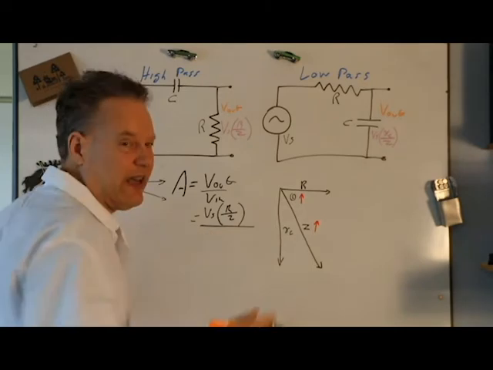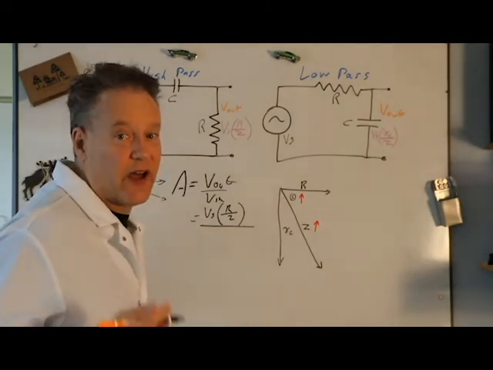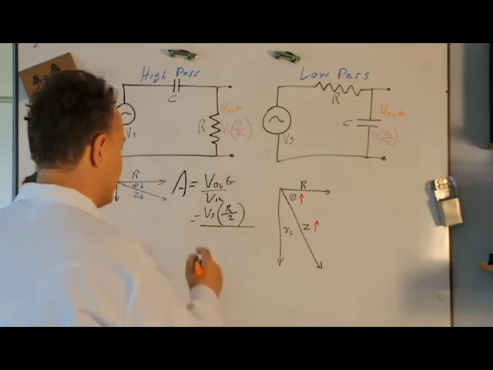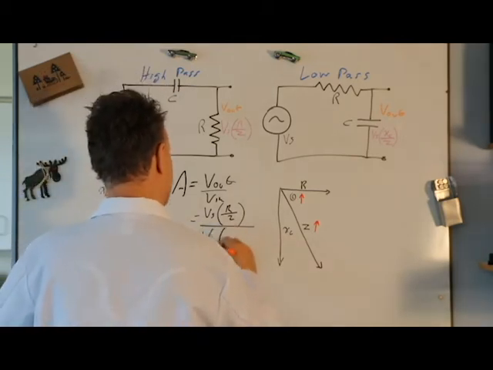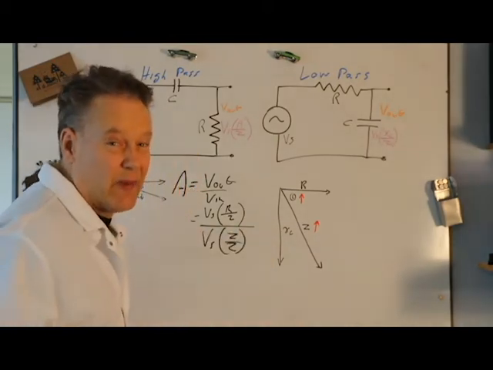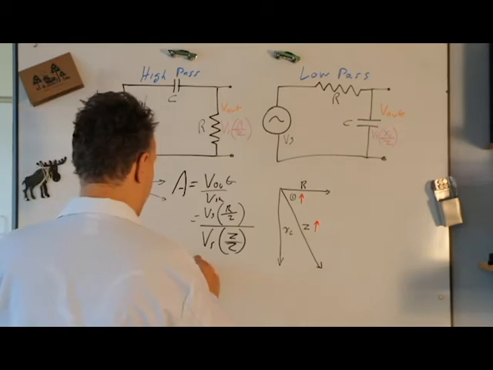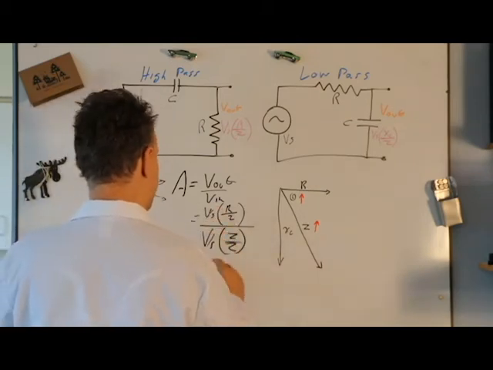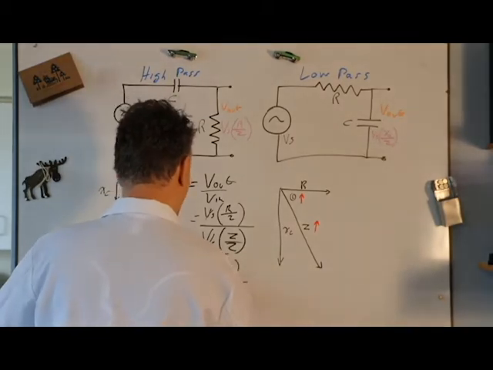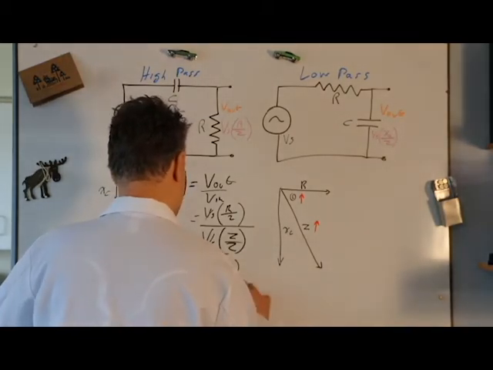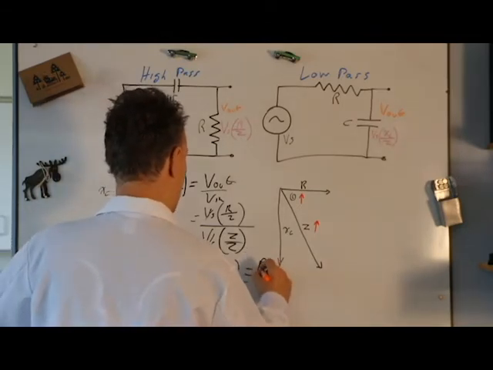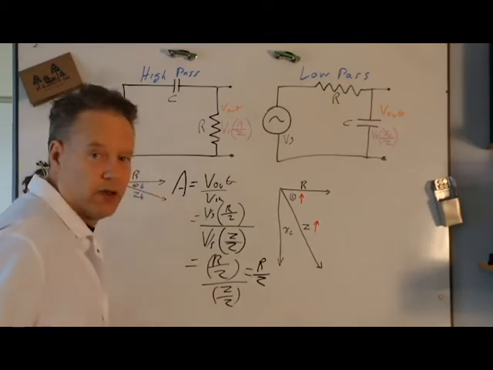Now, over V in. If we use the voltage divider to calculate V in, it ends up weird, but mathematically it's correct. We know that it's Vs times Z over Z. So now we can get rid of our Vs's, and we end up with R over Z over Z over Z, and that equals R over Z. Does that make sense?